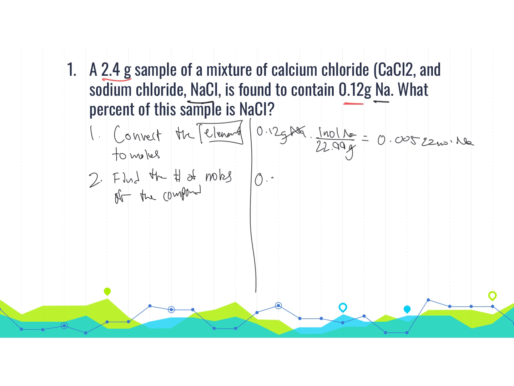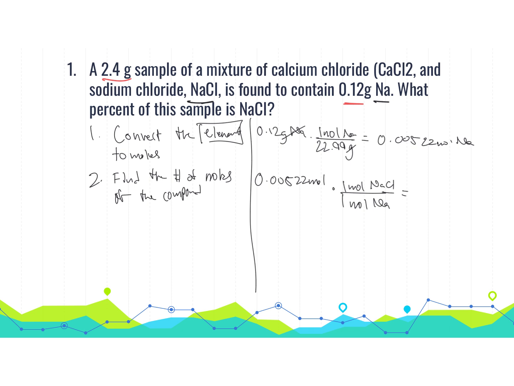You'll take the number of moles of sodium, which in this case is 0.00522 moles, and multiply it by the ratio of sodium to sodium chloride. So in this case, it's a 1-to-1 ratio. You have 1 mole of sodium per every mole of sodium chloride, because we don't have a subscript in front of that sodium there.